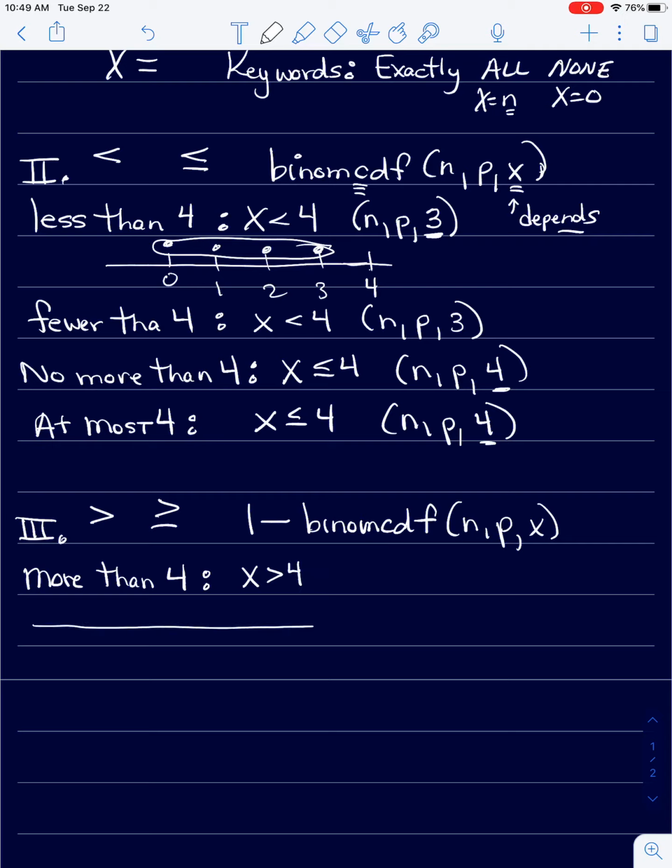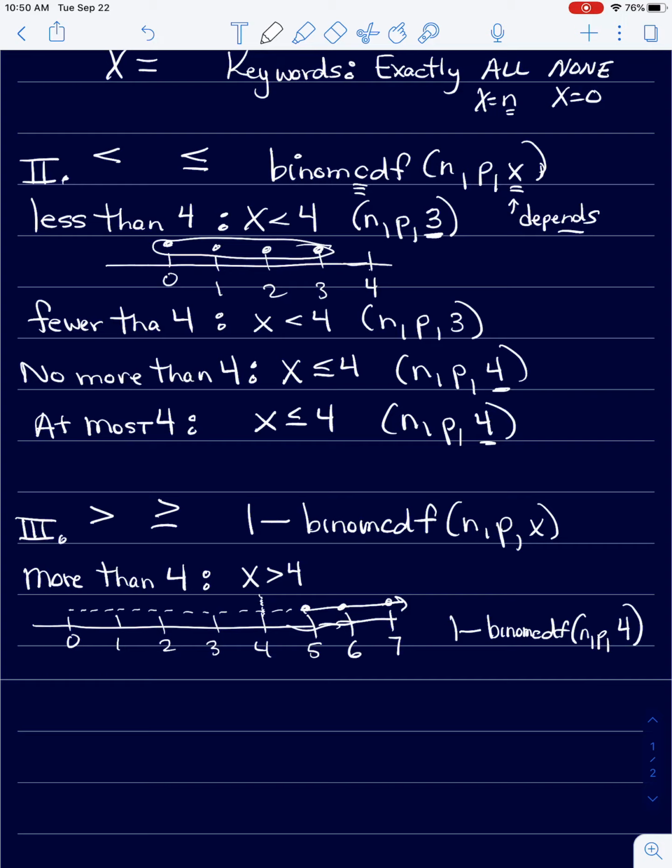If you're thinking about a number line again with probabilities, more than 4, you don't want 4, you want everything bigger than 4 for however many we have for N. So we don't want this part from 0 up to 4. So you're going to do a 1 minus binomCDF(N, P, 4), because 4 is the first value you want to throw out. We don't want to the left.